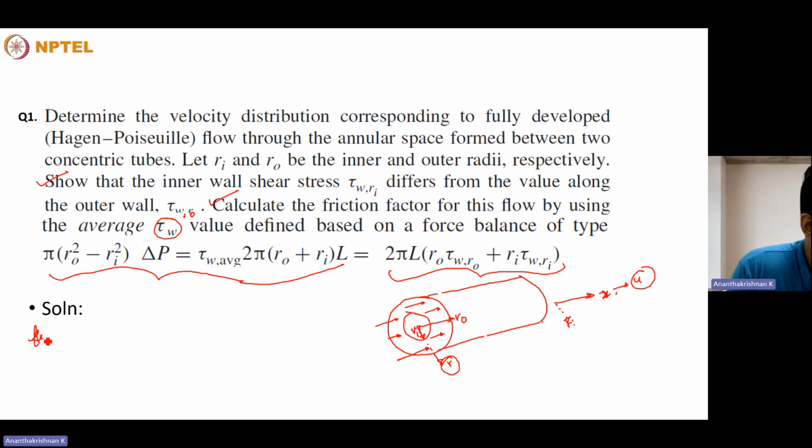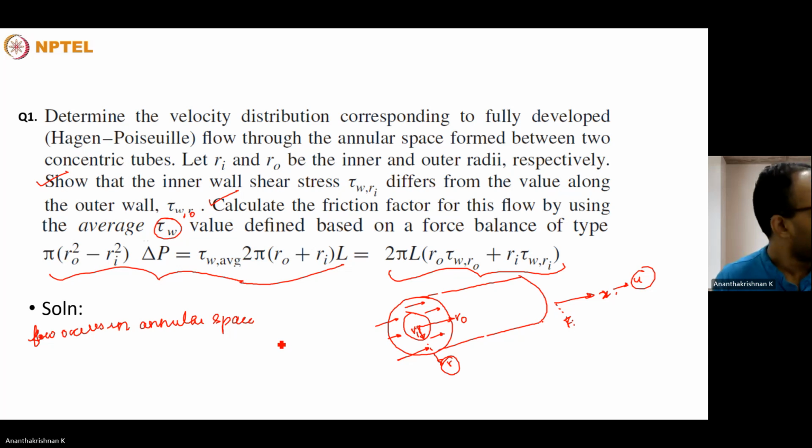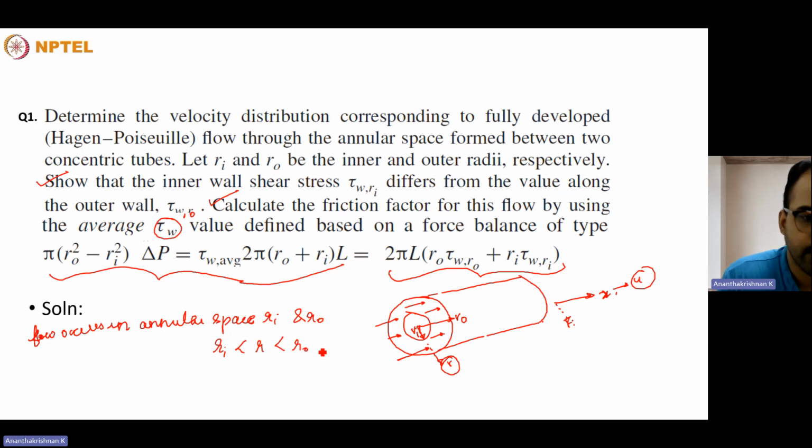Here the flow occurs in the annular space between Ri and Ro, where any radius r is greater than Ri and less than Ro.